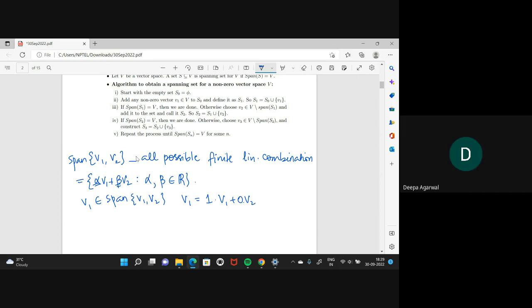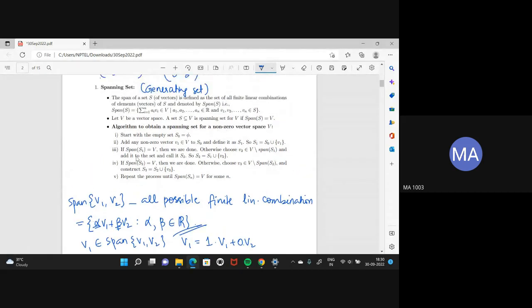All the elements of a set naturally belong to the span of the set. But the span of a set is this general thing. We look at all possible linear combinations. We can take any alpha, beta. That is what the span of a set is.